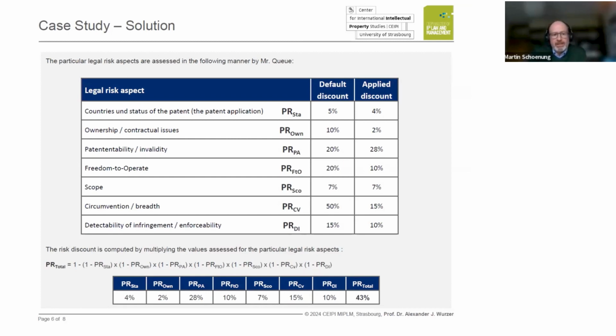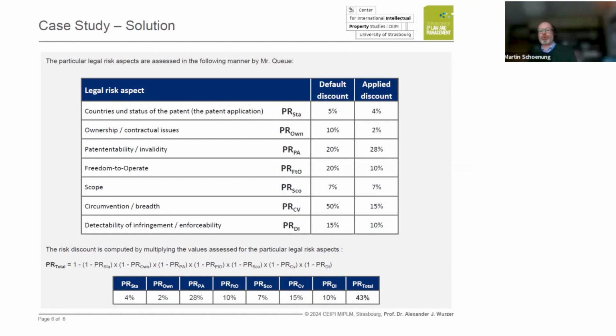The second is the ownership or contractual issues. Here it's about whether the owner of the patent, in this case Schneider, has all the rights on the patents. In this case, all patents belong 100% to Schneider. So the default discount has been reduced significantly.